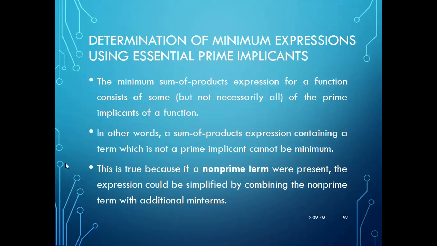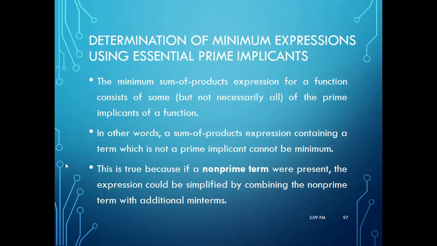This is true because if a non-prime term were present, the expression could be simplified by combining the non-prime term with additional minterms. As you saw in the previous slide, the non-prime term at the top right corner was a single one, and it was able to combine with two other adjacent ones.